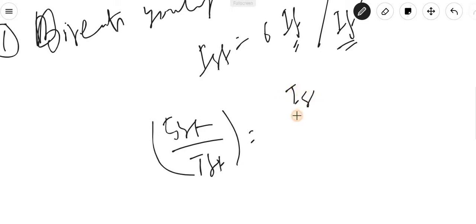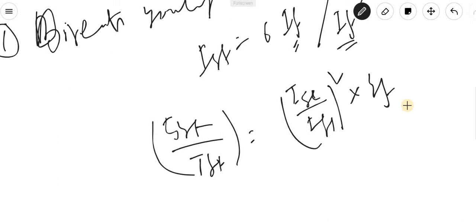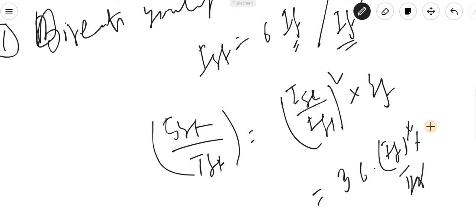ISC and IFL square into SF. So this value is 36, IFL square divided by IFL square cancel out, and the slip.